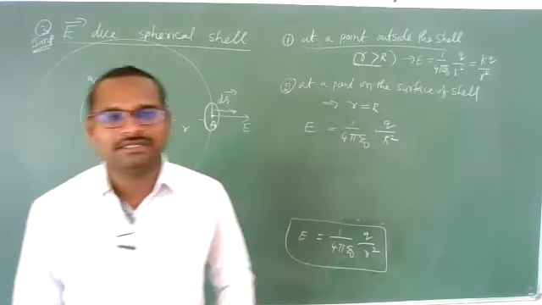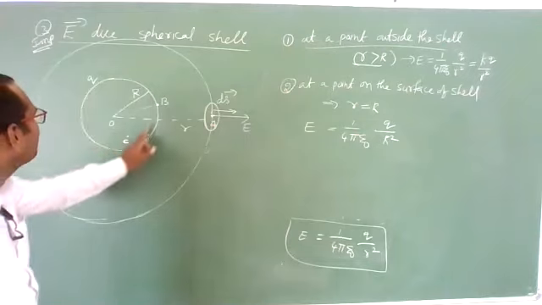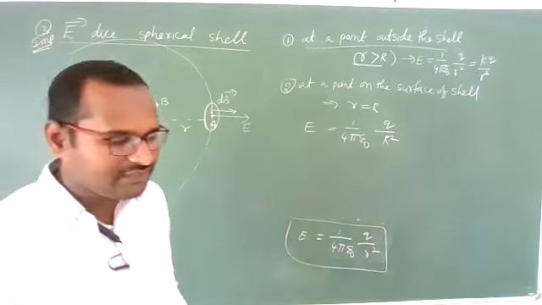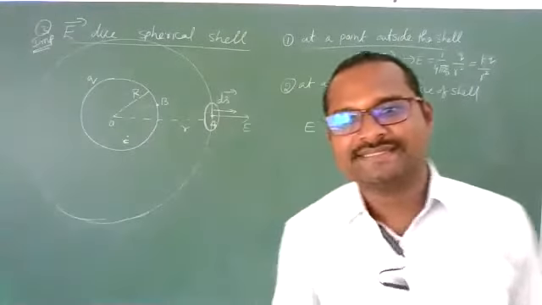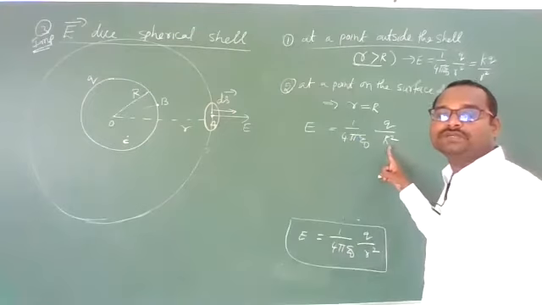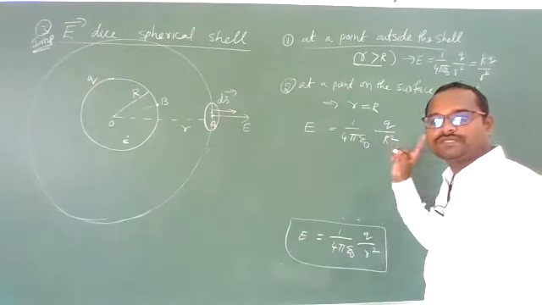Replace small r with capital R, because the point is present on the surface. So the electric field due to a spherical shell on its surface is k Q by capital R square, or 1 by 4 pi epsilon naught Q by R square.